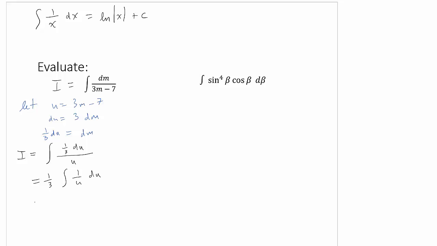I know how to find that antiderivative, so that's 1/3 natural log absolute u plus a constant, and then make the replacement. 1/3 natural log absolute 3m minus 7 plus the constant.